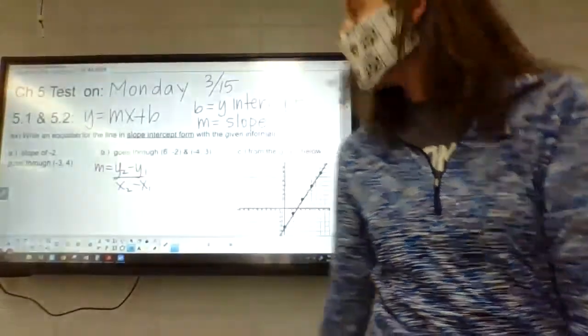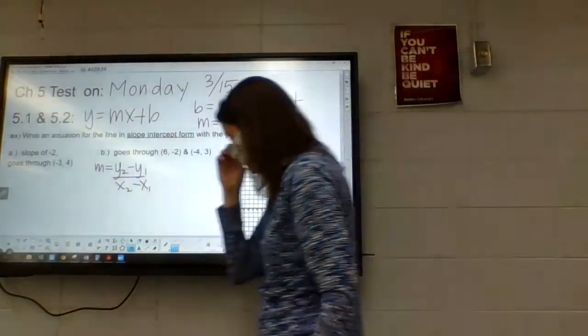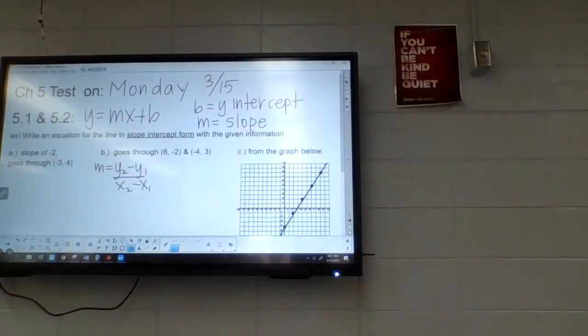All right, so guys, if you guys could work through these 3 examples here. So try working through, see if you guys remember how to find the slope and the y-intercept.